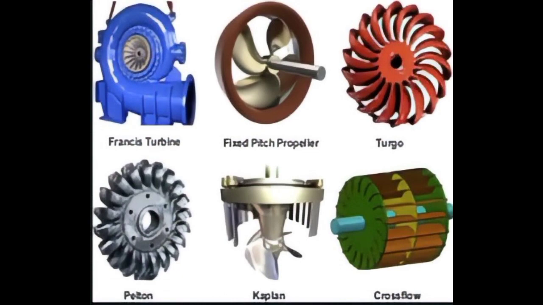Now we have different kinds of turbine: the Francis turbine, fixed pitch propeller, Turgo, Pelton, Kaplan, and cross flow. We're not going to discuss in detail their differences, but I'm going to show you the basic example so you can visualize how a turbine works.